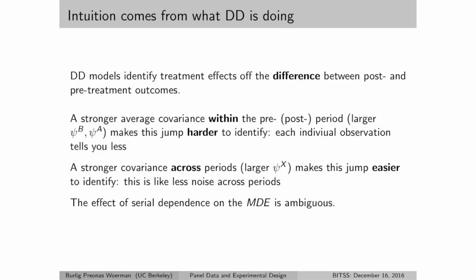But what's going on with the cross-period covariances is that this is a difference in differences model. So we're identifying off of changes. And so the flatter the line is across the pre-treatment and post-treatment segments, the easier it is going to be to figure out what the jump is, right? Does that make sense? Okay, so we've added those three terms.